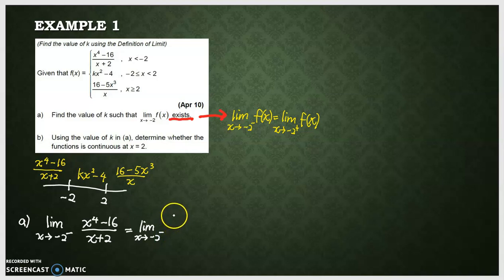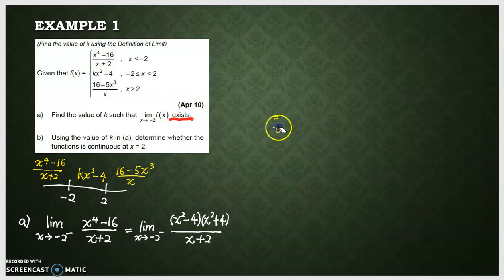When I try to factorize, here is x squared minus 4, x squared plus 4, over x plus 2. From here, you can see that we cannot cancel out this function. But when you look at x squared minus 4, again we can factorize x squared minus 4. So I factorize again.